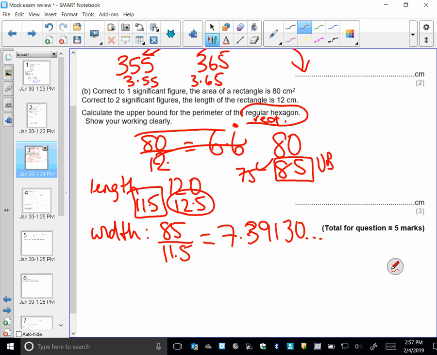So 2 widths and 2 of the upper bounds of the length, and add those all together. Should we round it up?